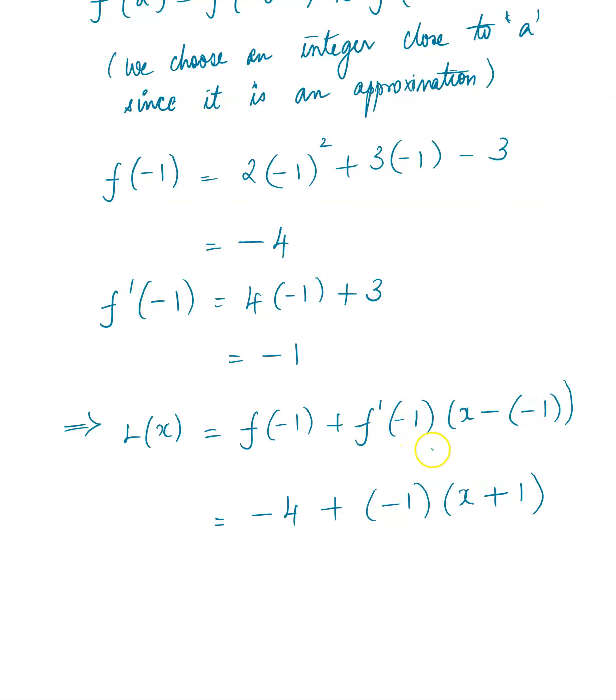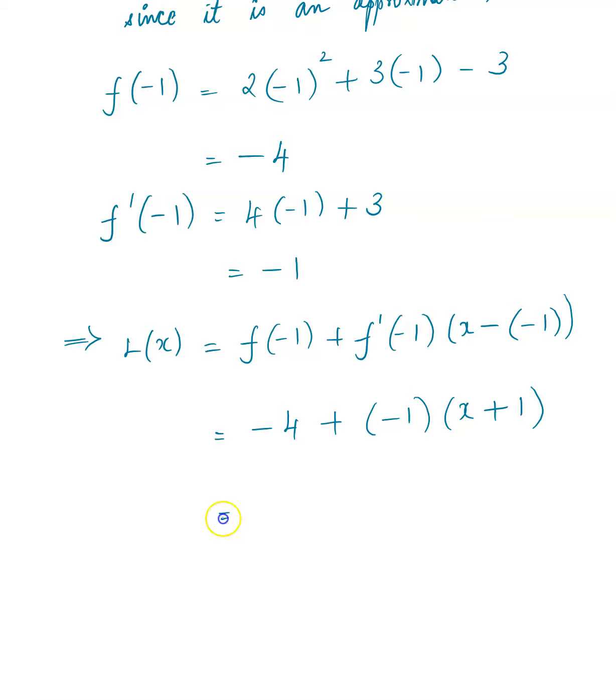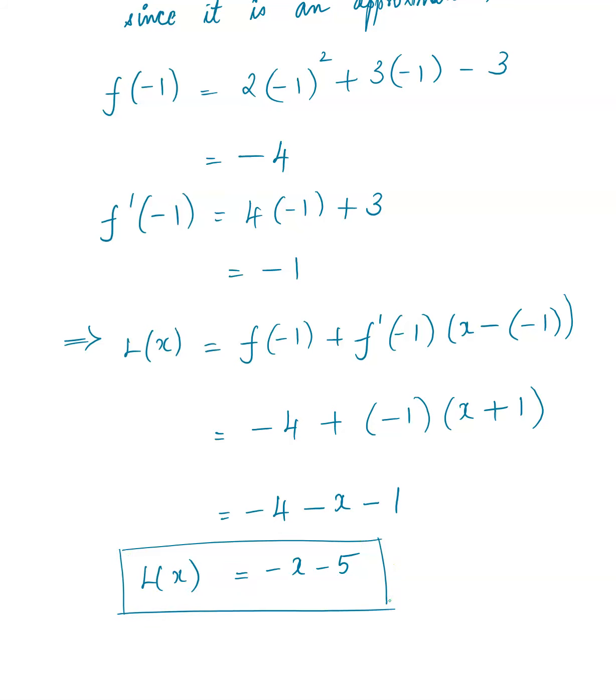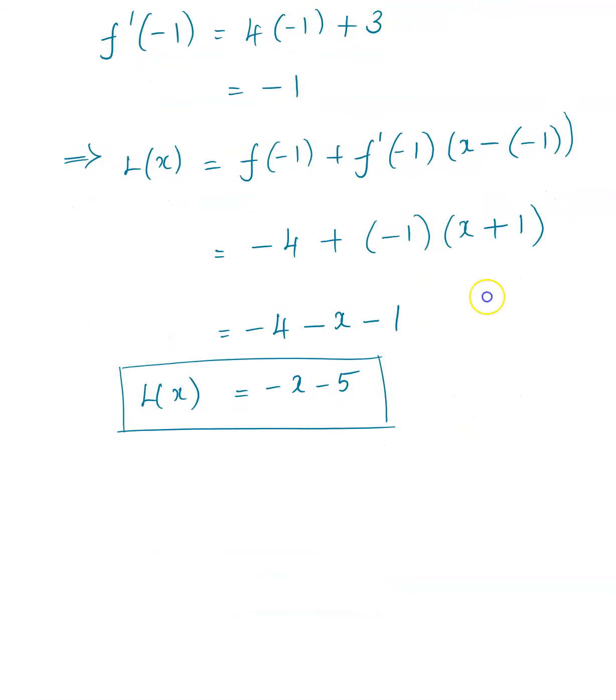And for f prime of negative 1, the answer came back as negative 1. Putting them all together, that'd be minus x minus 5. So L of x is minus x minus 4. That's what we do with linearization.